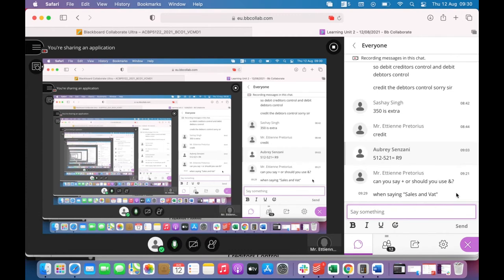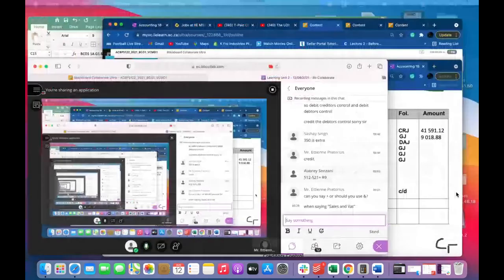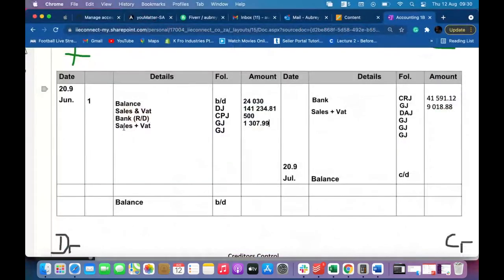Like instead of writing inventory in full, I'll write INV. Okay, you guys shouldn't do that. But if you do, I won't take away marks from you, okay? Because I get what's going on. But typically, stay away from this. Rather do and VAT, okay? Right. Cool.